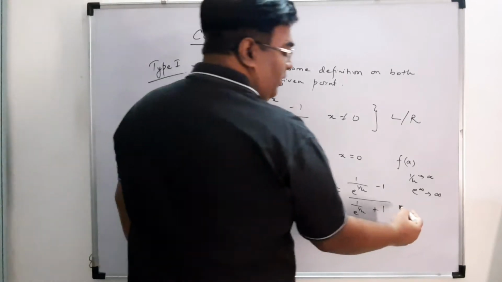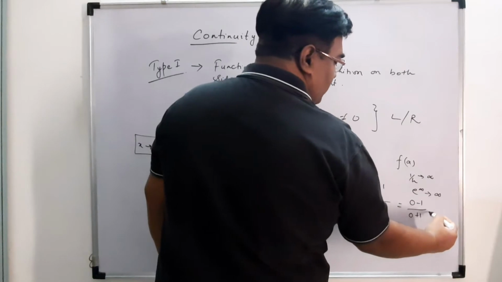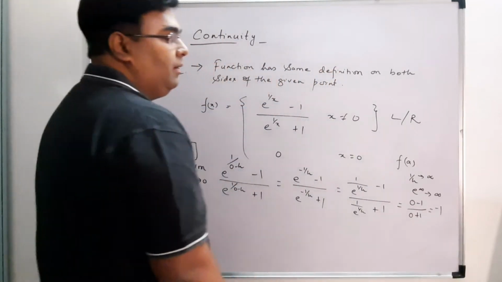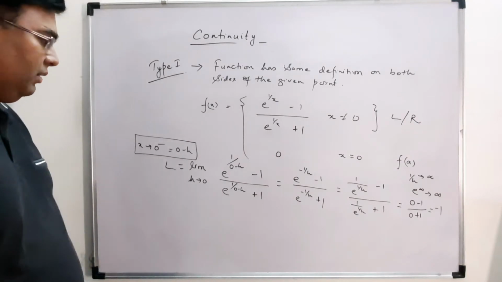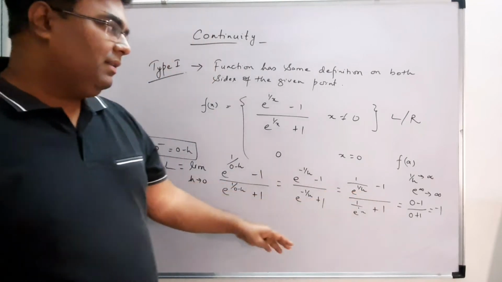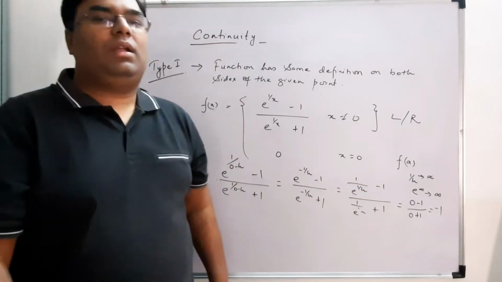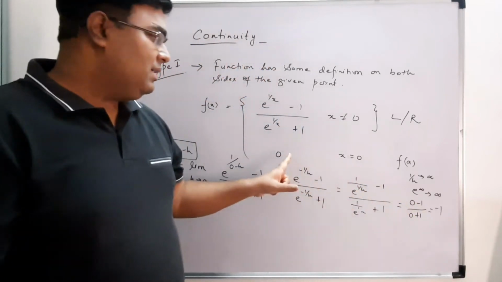So we can call it 0 minus 1 over 0 plus 1, which is minus 1. So here, by finding just one limit, we can say that this function is not continuous. Why? Because it is minus 1 here and it is 0 here.